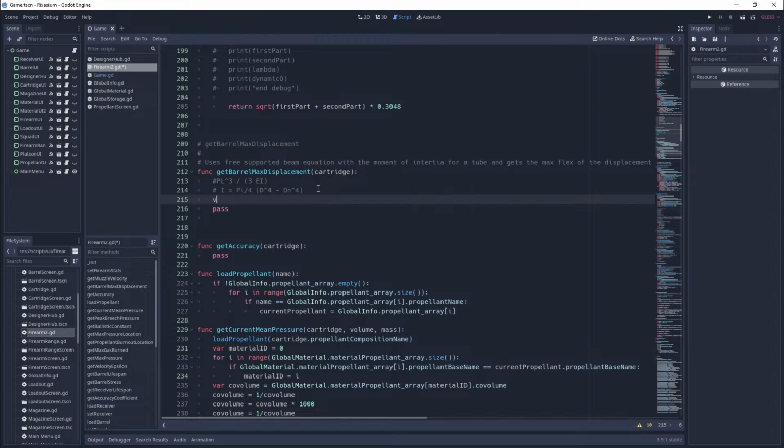But first of all, let's introduce inertia. This is going to be pi over 4, so pi over 4, and this in total is multiplied by the diameter. So from what I've seen, newtons do work.